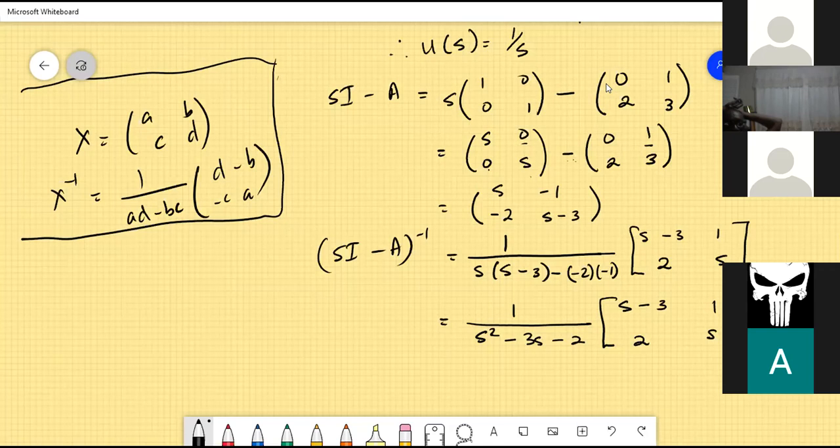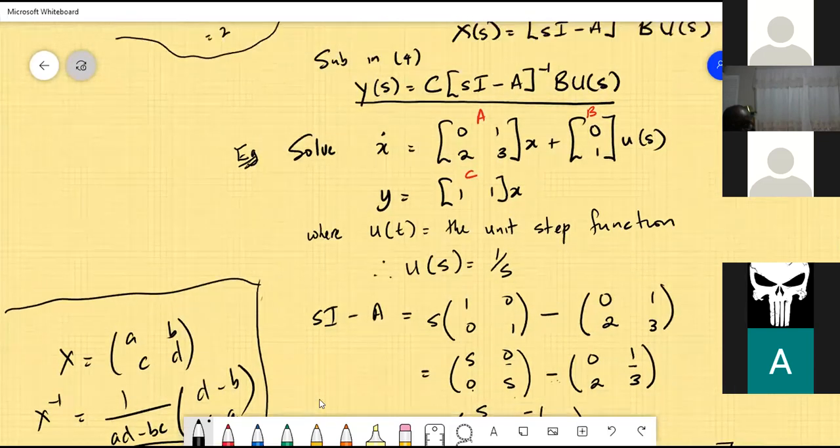All right, so we said that Y is equal to C times sI minus A inverse times B U of s. So we have sI minus A inverse, and now we're going to multiply it by B. Just to make sure, B we have as 0, 1.